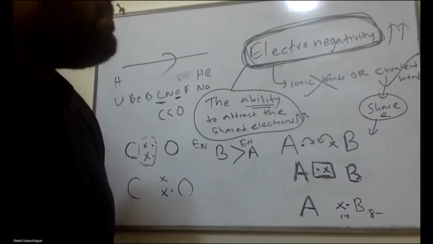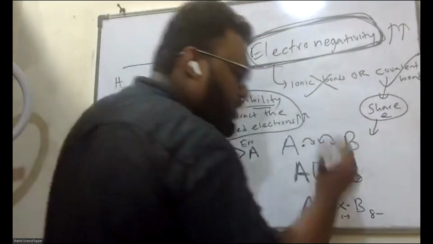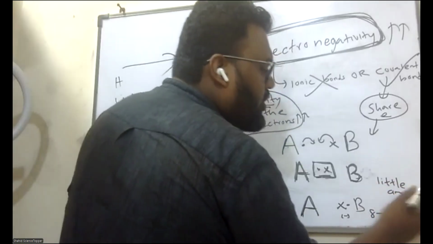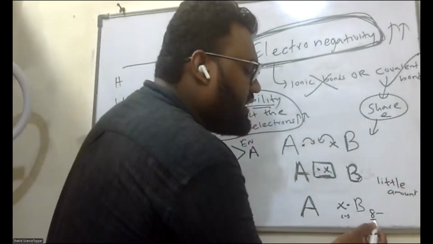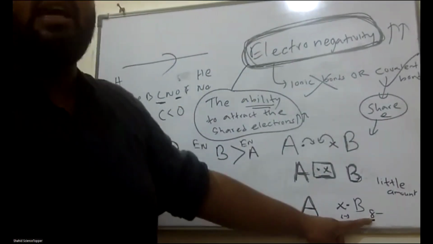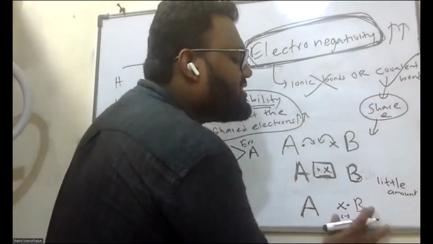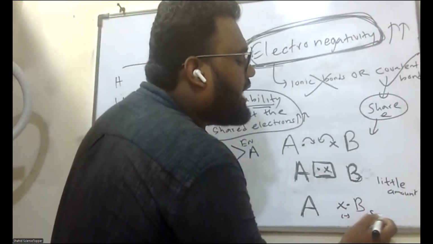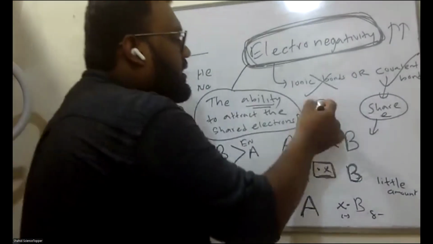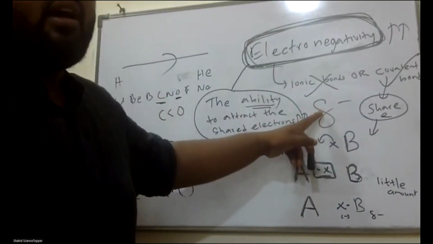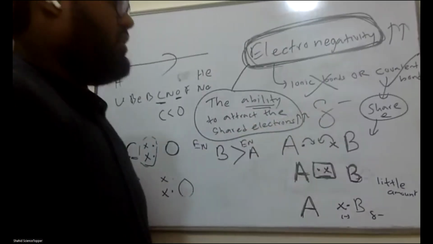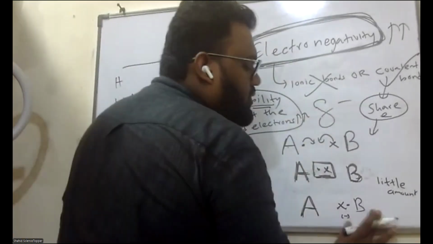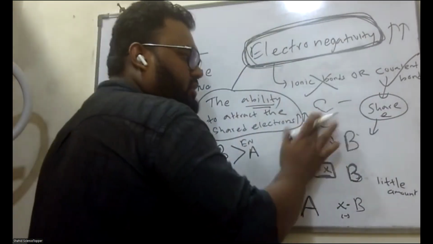To B. To indicate it is a little amount, not a big amount, we are putting this delta minus sign. This sign indicates it's not a complete minus. It's a small little amount of negative. You don't necessarily need to remember this symbol.